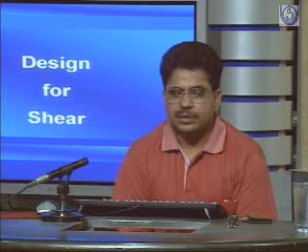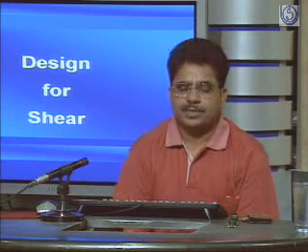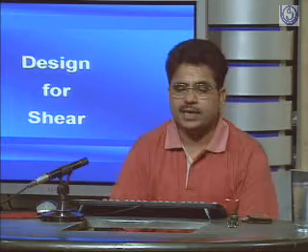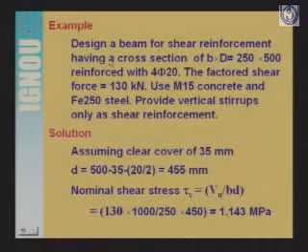Here an example problem is given, which says: design a beam for shear reinforcement having a cross section of B by D as 250 by 500. It is reinforced with 4 bars of 20 mm diameter.